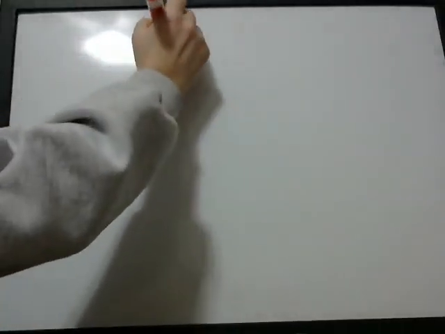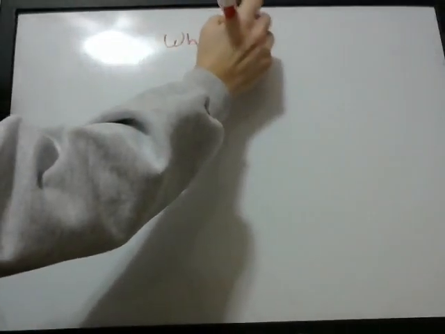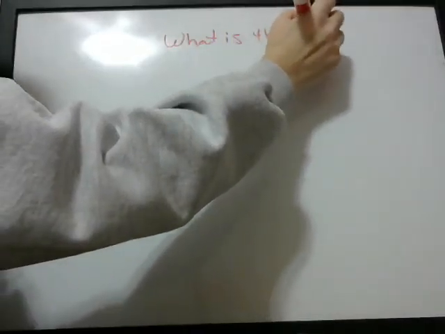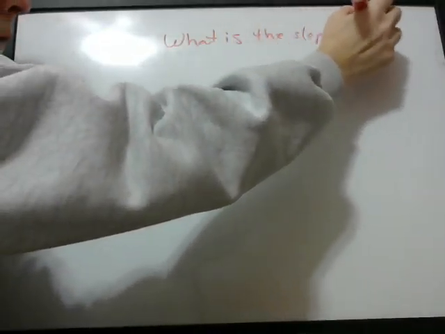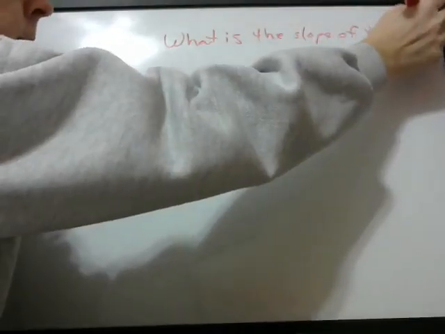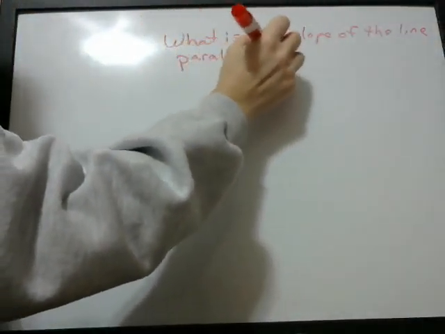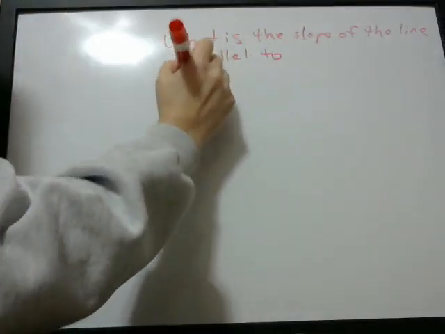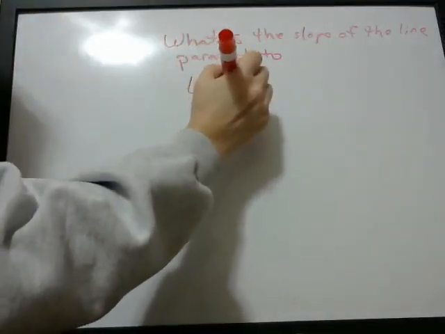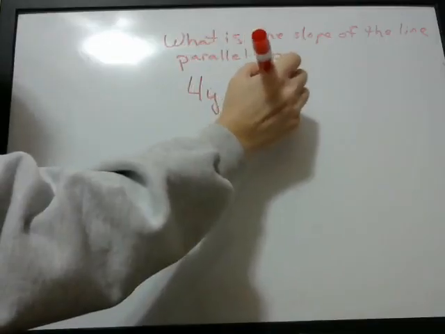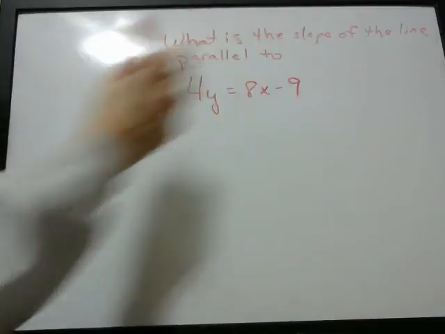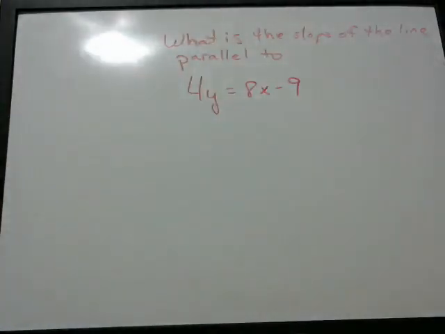The question that they're basically going to give you is, say, what is the slope of the line parallel to, and they'll give you an equation, 4y equals 8x minus 9. We'll use this as an example.